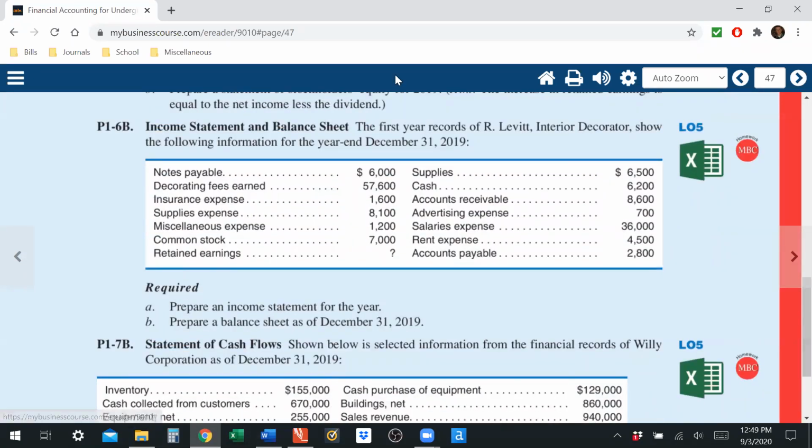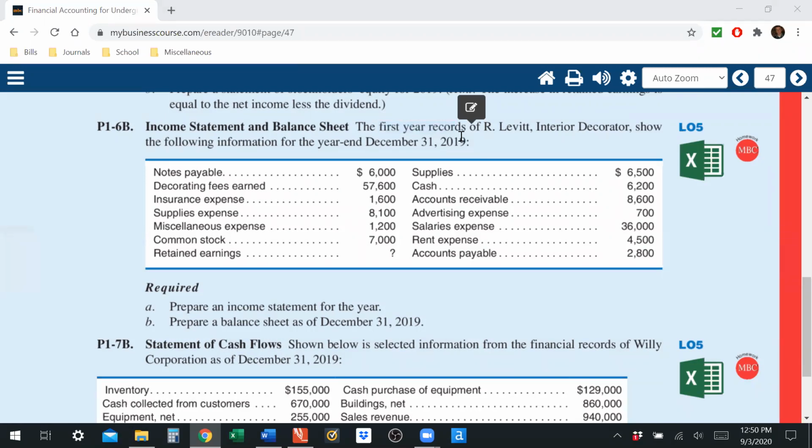So this says the first year, so that's important. This is the first year the company has been in existence. So what does that mean about, it's giving us a bunch of accounts and their balance at the end of 2019. So what's their balance at the beginning of 2019 or at the end of 2018 if 2019 is their first year?